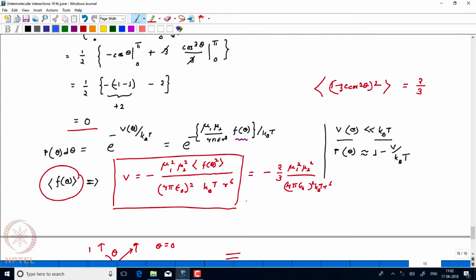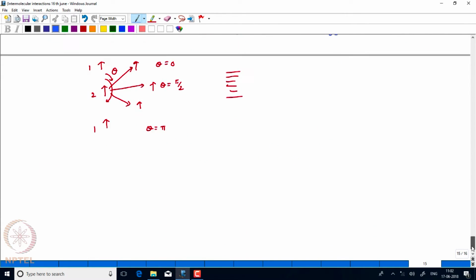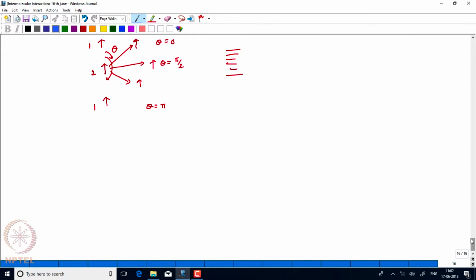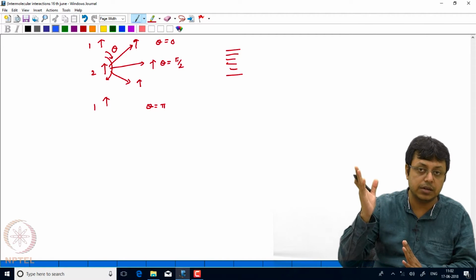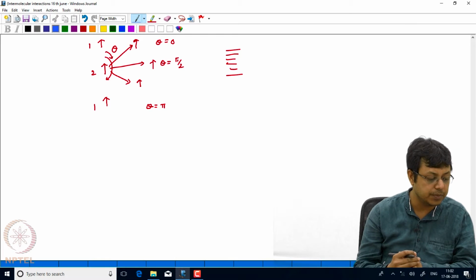This equation is known as the Keesom equation, which takes into account all kinds of orientational averages for the dipoles. But again, it's for the parallel orientation, not for the tilt angle orientation.